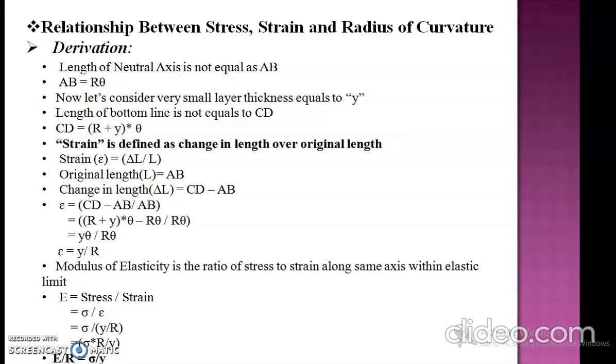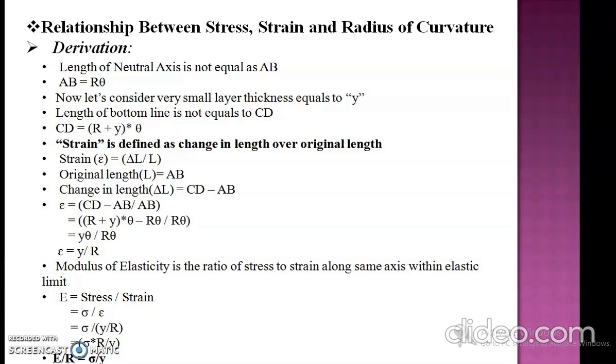After rewriting, we get y into theta divided by R into theta. Theta gets cancelled, and finally we get strain epsilon equal to small y divided by R.